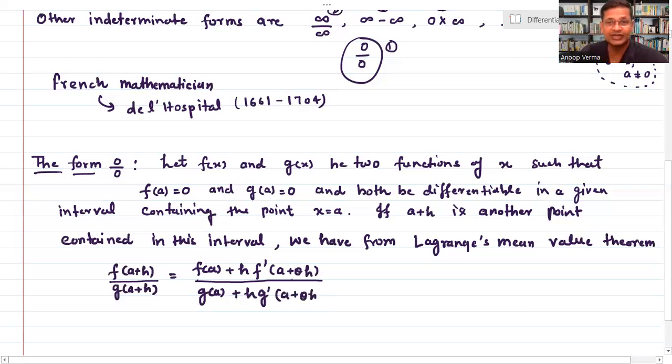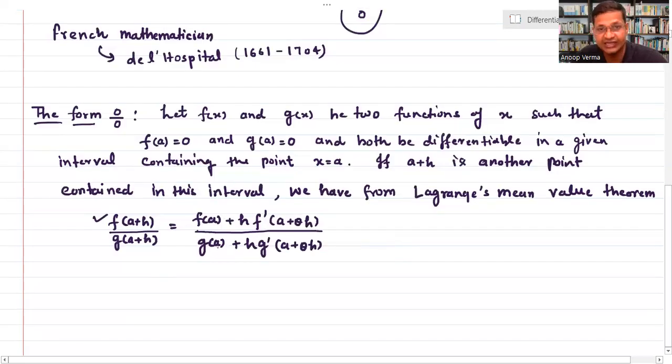So we are able to get this form if we take two points a and a plus h from the same interval. One thing we know is that f(a) and g(a) are 0 at the point a. So from here you will get it in this way.